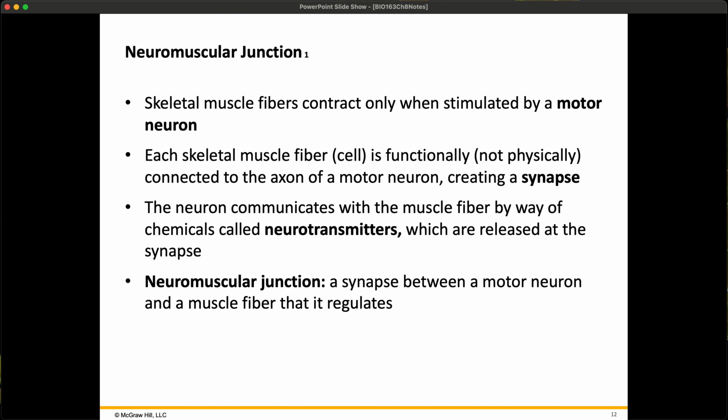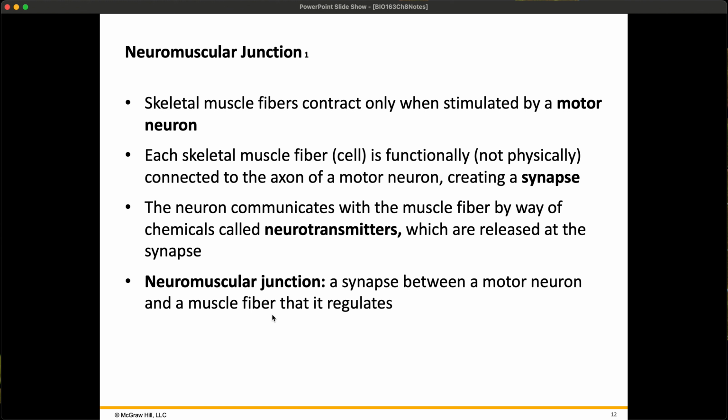Something important to understand about the nervous system is that it uses electrical signals, but when you go from one structure to the next, there has to be a chemical mediator, a chemical translator. So in this case, we see this electrical signal coming down a motor neuron. It then turns into a chemical signal at the neuromuscular junction, where the motor neuron and muscle fiber meet.